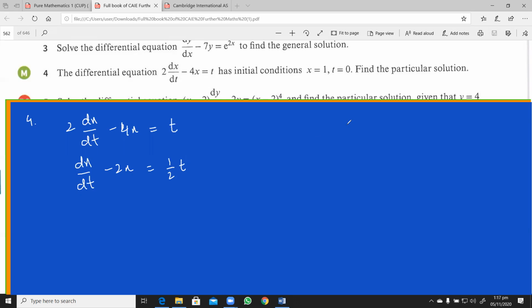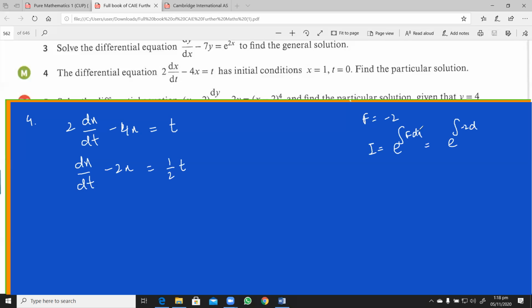Now we see that this f is minus 2 over here. So let's find this. This is e raised to power integral of f, that is e raised to power integral of minus 2, and I should be writing this dt over here.